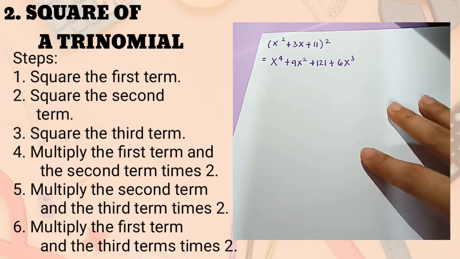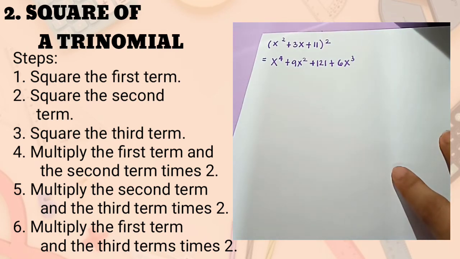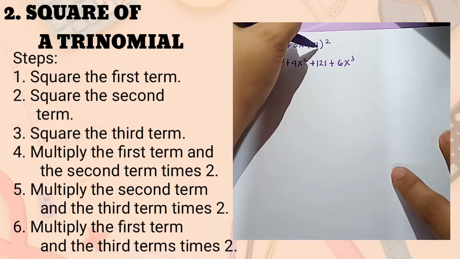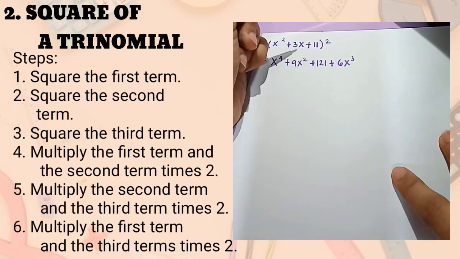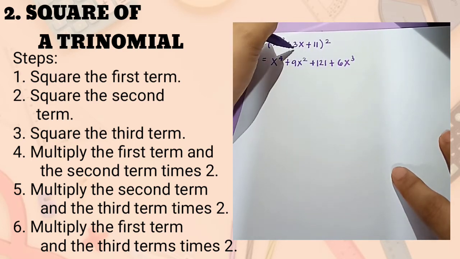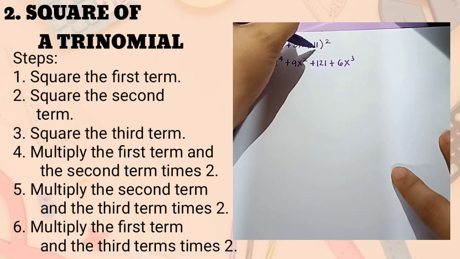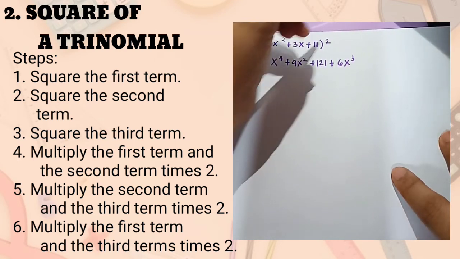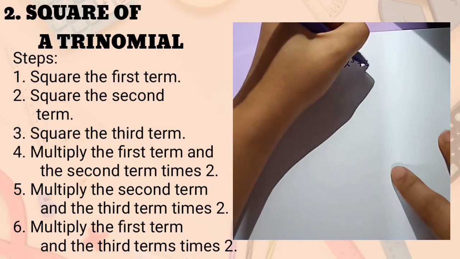Okay? So, sa step 5 naman, i-multiply na naman natin yung second term sa third term. Then, times 2. So, 3x times 11 ay equals 33x, times 2 ay equals to 66x.